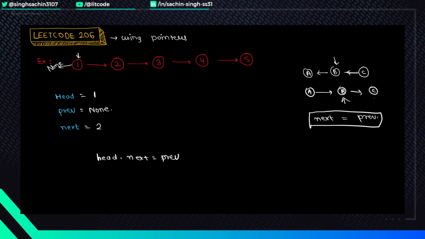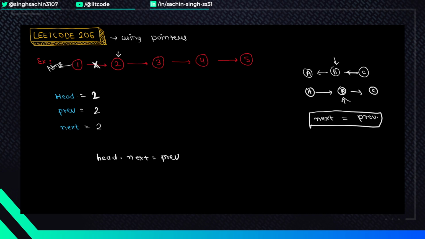Next, we simply move the pointer to the next element, which is 2. We don't have this relation further. Now my head is at 2. When you do this, we'll update the value of previous as well.